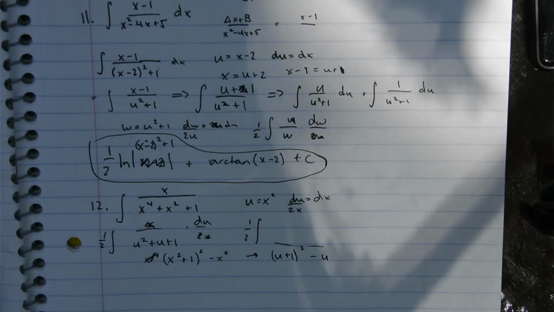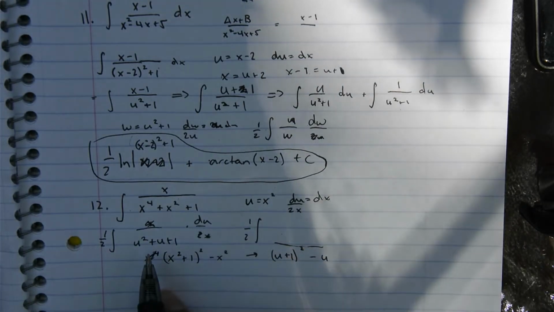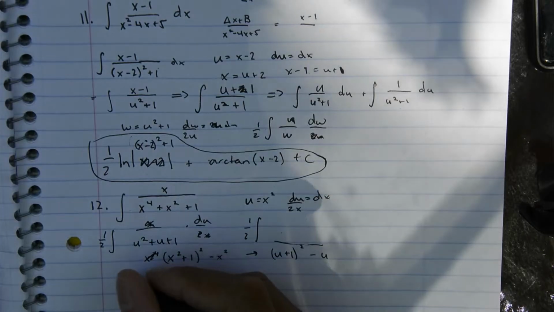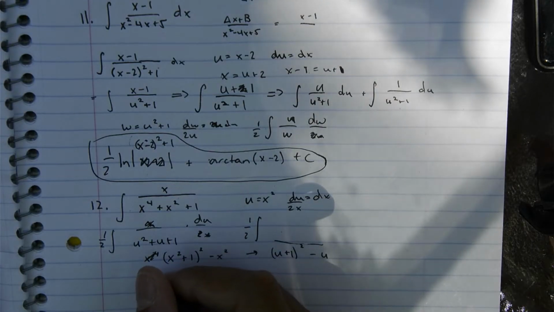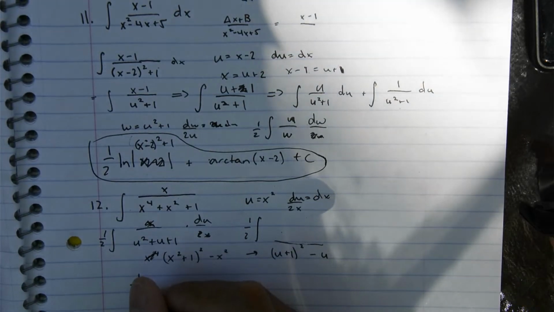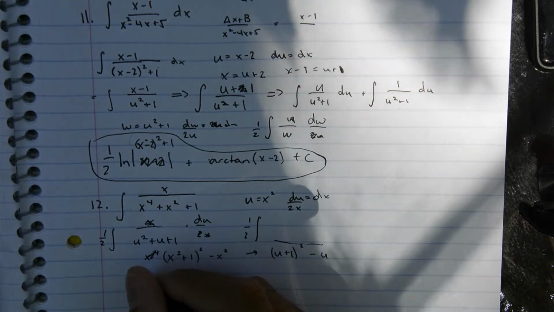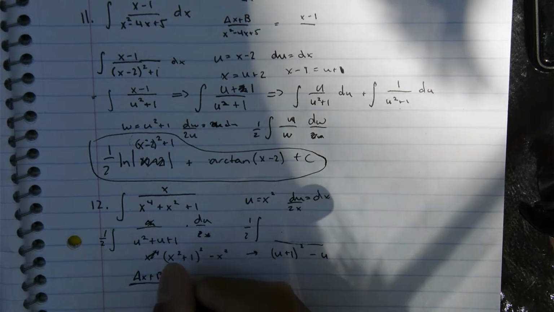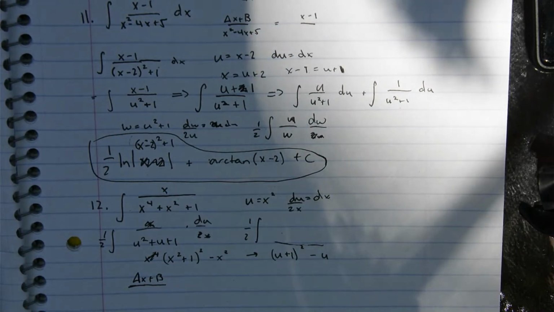But maybe at this point you can do partial fractions. You get 1 over, oh wait, no, it's going to be ax plus b over, but I don't get those, man.